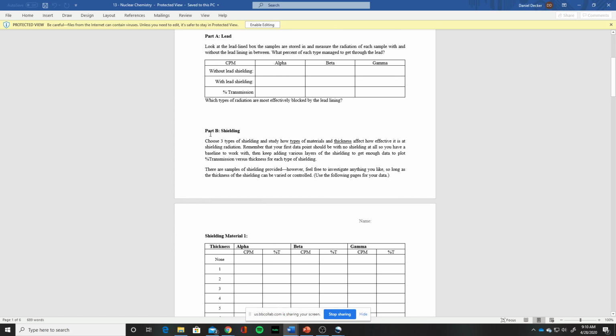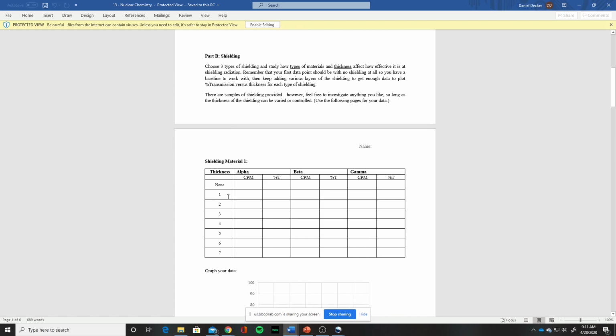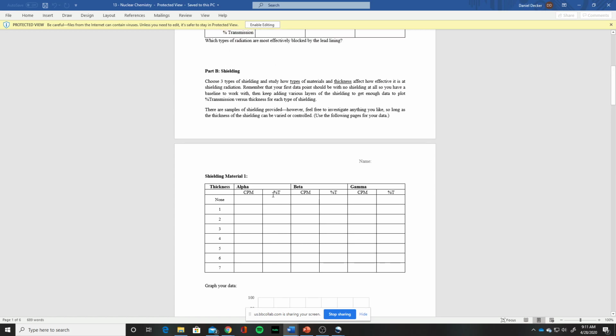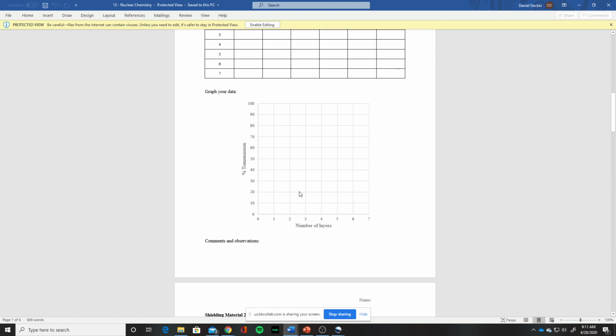Part B is going to be the main section that I will give you data for. So I will give you the data for relative thicknesses, and then the counts per minute, as well as percent transmission. And so you'll make some graphs from that data.